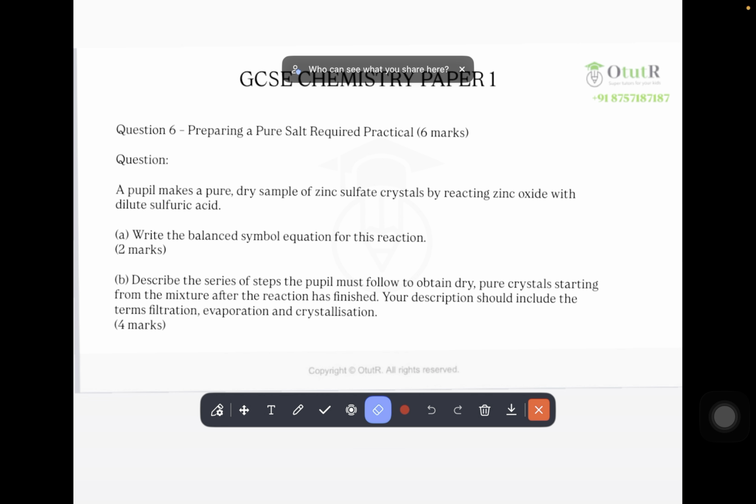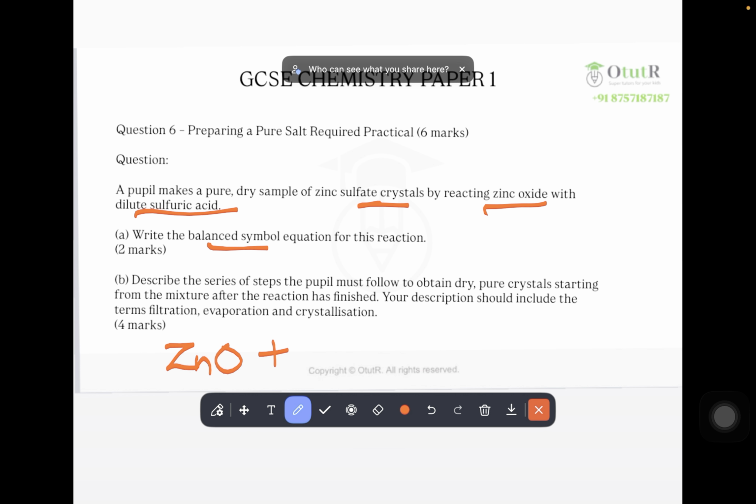A pupil makes a pure dry sample of zinc sulfate crystals by reacting zinc oxide with dilute sulfuric acid. We have to write a balanced symbol equation for this reaction. So first we'll write the reaction and then we'll balance it, or we'll see if it's already balanced.